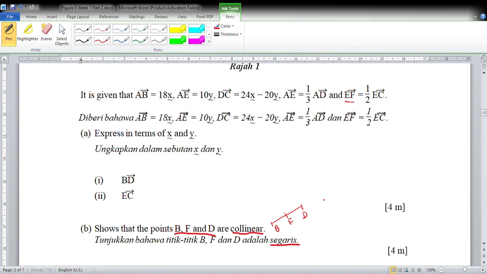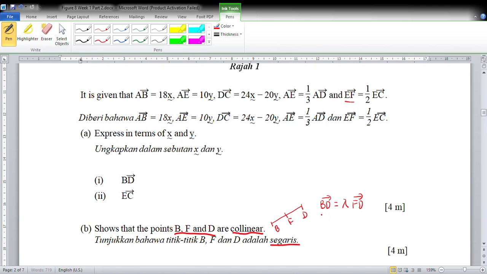So we have to write out something like BD equals a number, lambda, times FD, any combination using these 3. It can be BF and BD or BF and FD. So here I use BD and FD, doesn't matter.